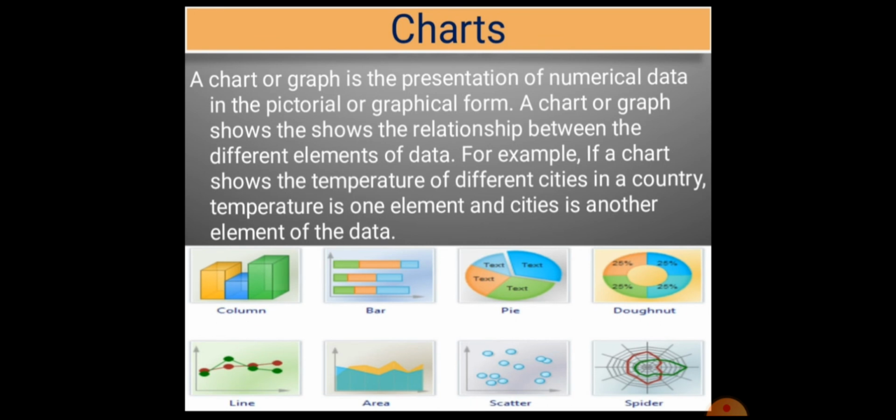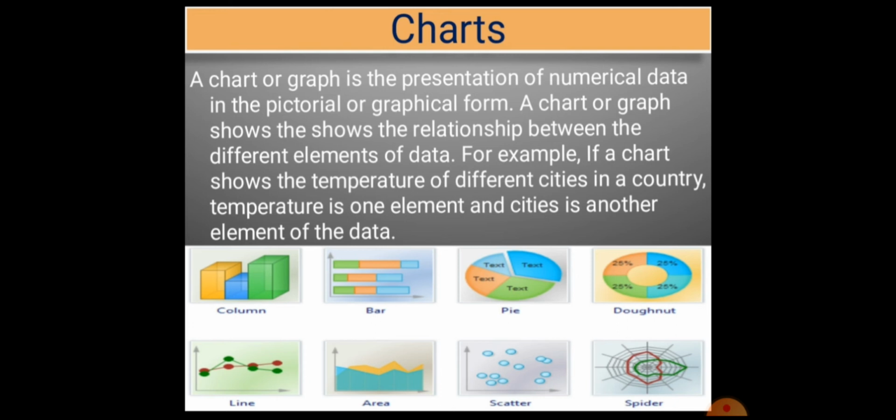Next is, what is chart? What is the purpose of using chart in MS Excel? A chart, or we can say graph, is the presentation of numerical data. Means we can present our data, which is in a numerical form, in the pictorial or graphical form.